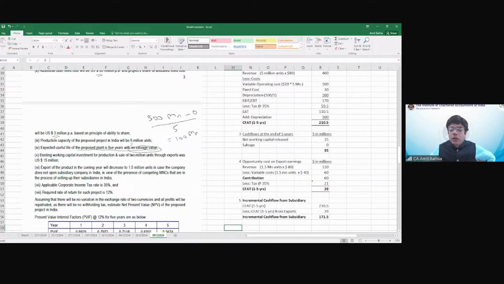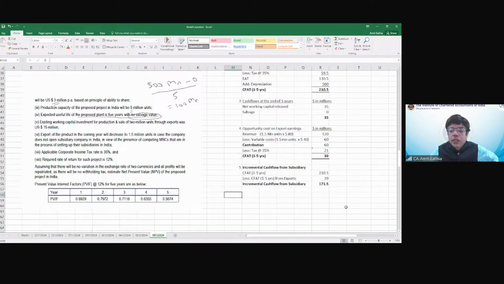Now I need to calculate the NPV. Shall we start with computation of NPV? I am going to have years 1 to 5. For years 1 to 5, you have certain cash flows, right?